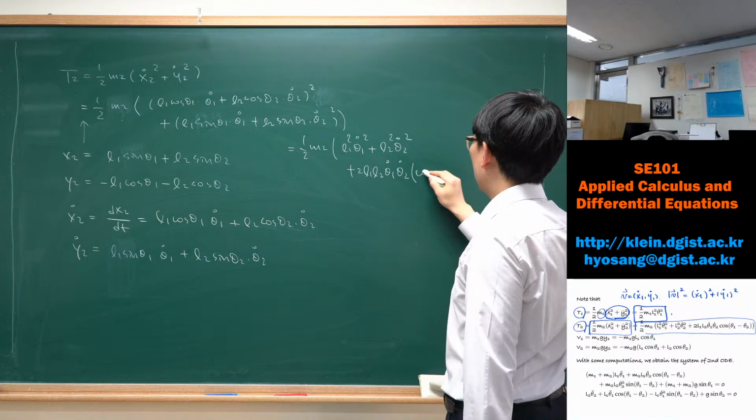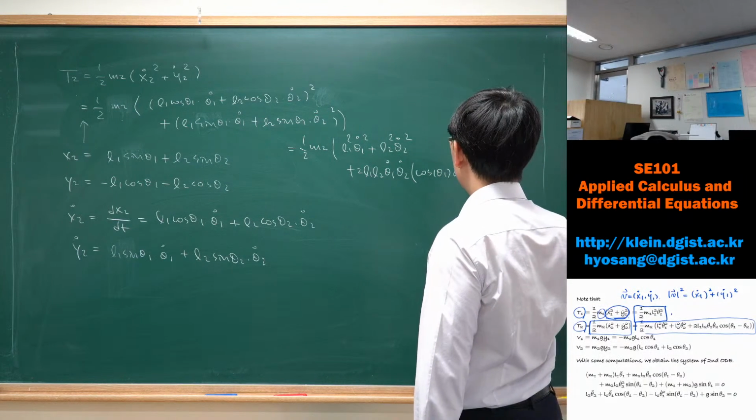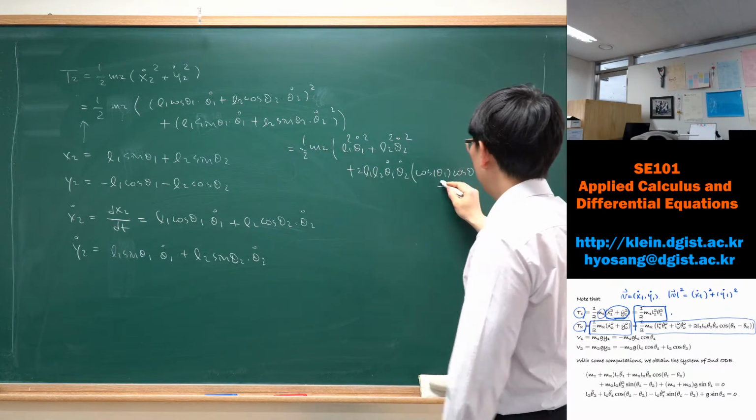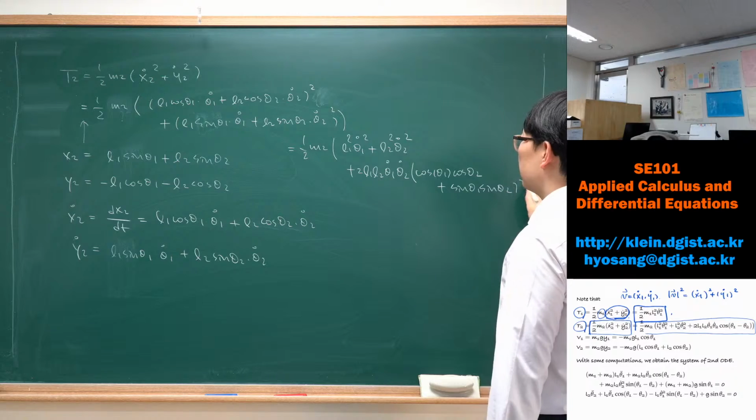And here we have cosine theta 1 cosine theta 2, and here we have plus sine theta 1 sine theta 2.